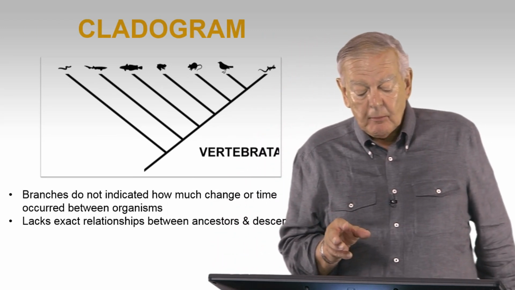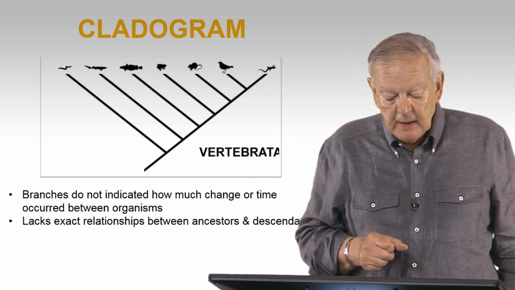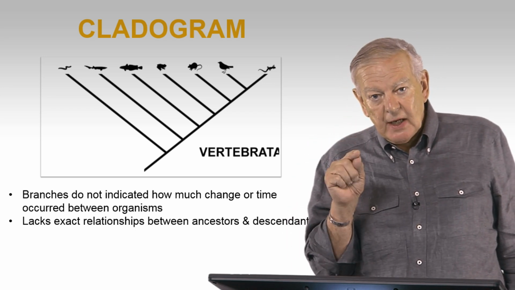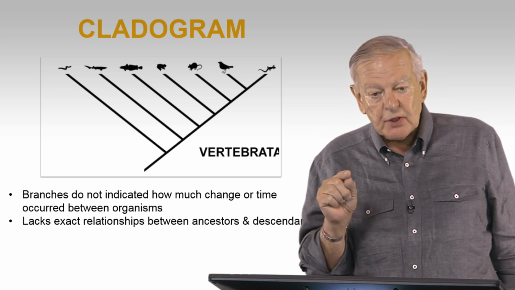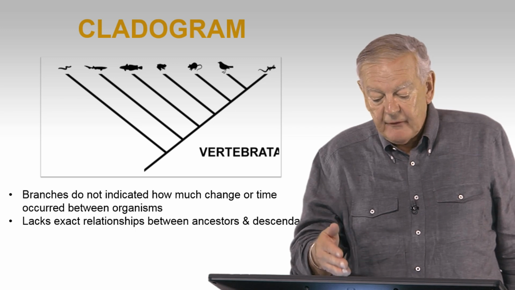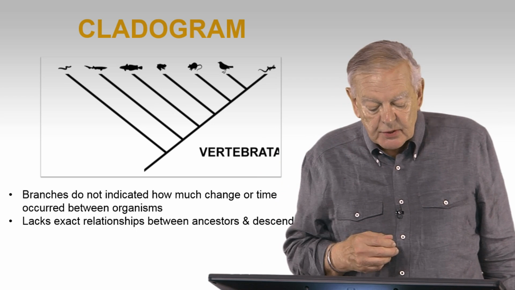In a cladogram like this, with these different clades or branches, they don't indicate anything about how much evolutionary change or evolutionary time has occurred between organisms like fish, amphibians, mammals, birds, reptiles, and so on.